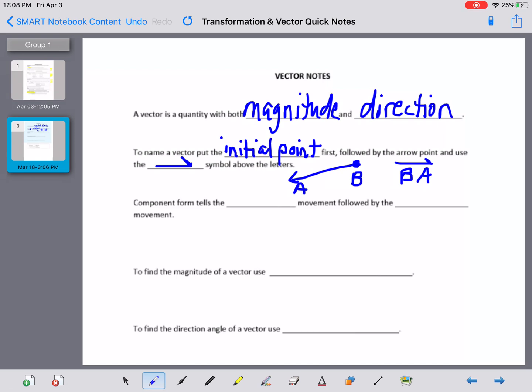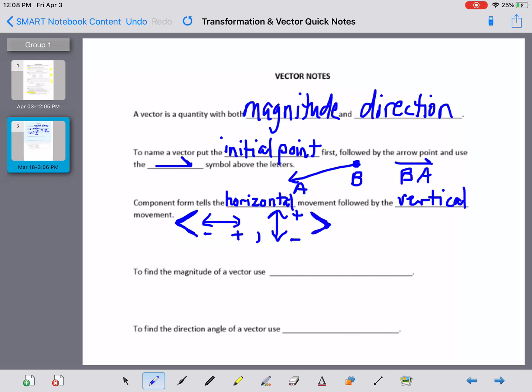Component form tells you the horizontal movement followed by the vertical movement. In my pointed parentheses, remember, don't use regular parentheses because it looks like an ordered pair. Anything left or right, left is negative, right is positive. Anything up or down, down is negative, up is positive.